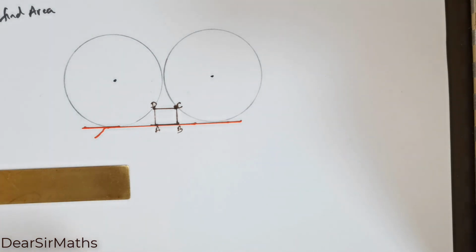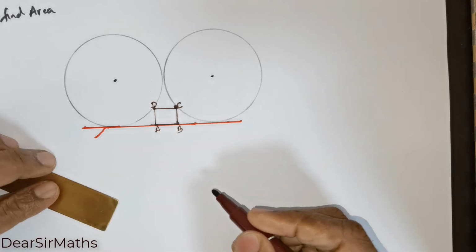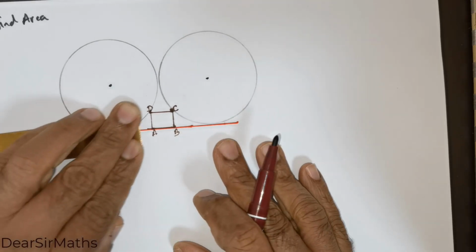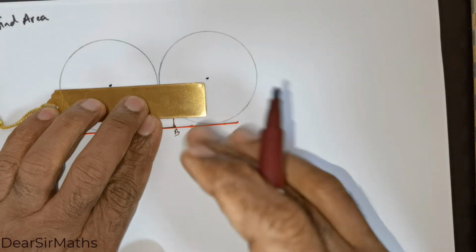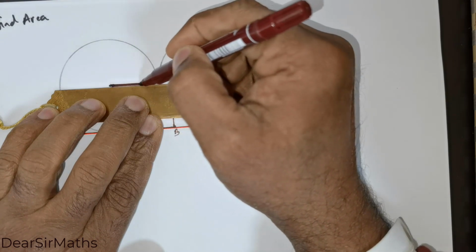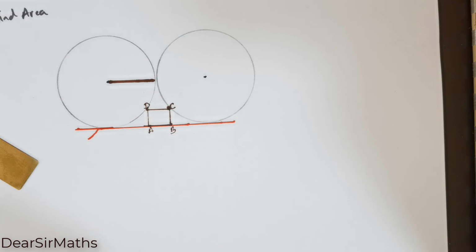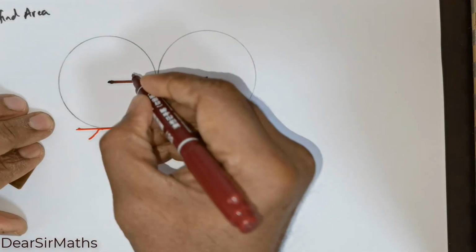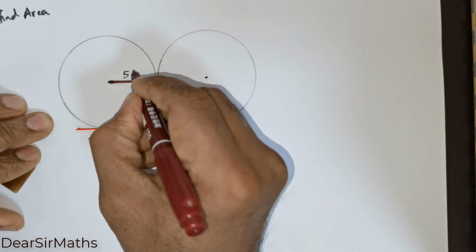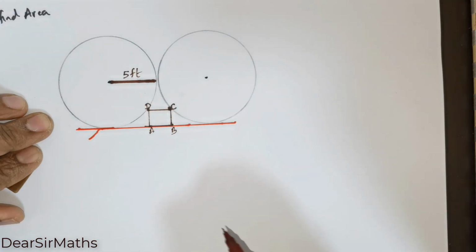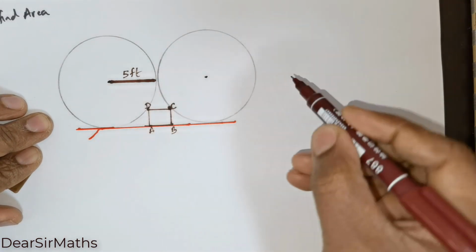So we are also given the radius of these circles. The radius is given to be 5 units or 5 feet, and both these circles are identical.